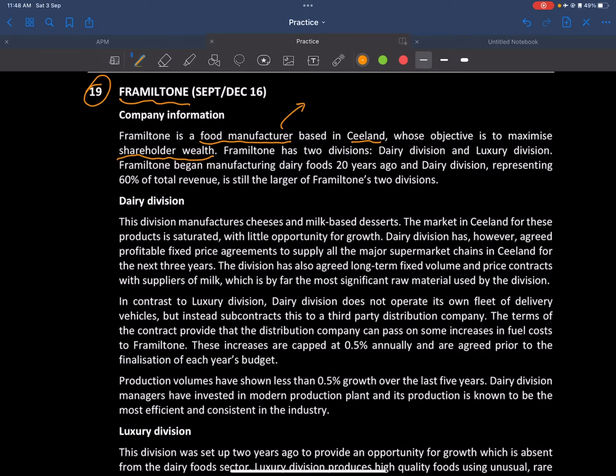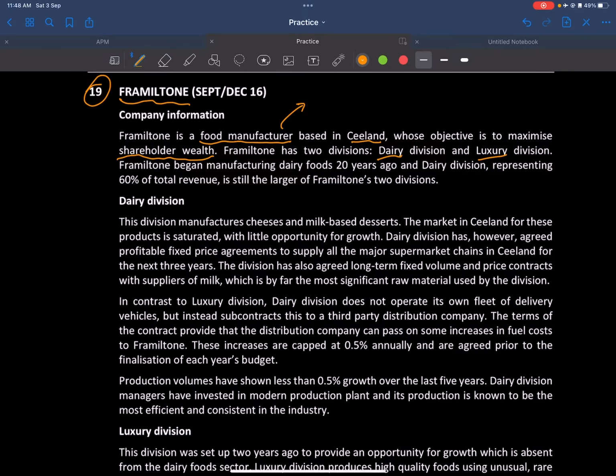Okay, fine, we can deal with it, not a big thing, right? So Framilton has two divisions. One is dairy division, one is luxury division. Framilton began manufacturing 20 years ago, dairy division representing 60% of the revenue. So dairy division is bigger than the luxury division.